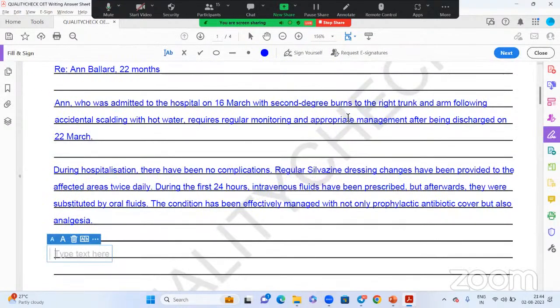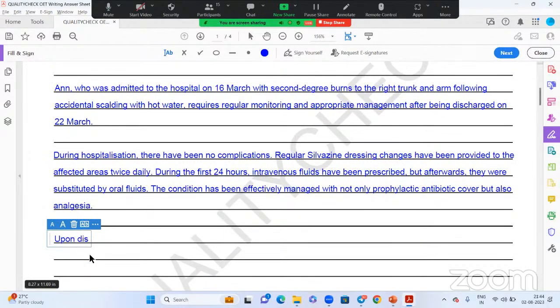Now here, discharge on 22nd March. Already we have written it here, so there is no need to write it again. Just write upon discharge, or following the discharge, or just write discharge only.